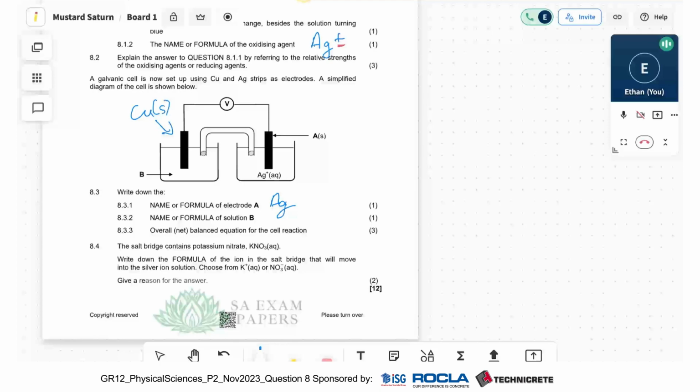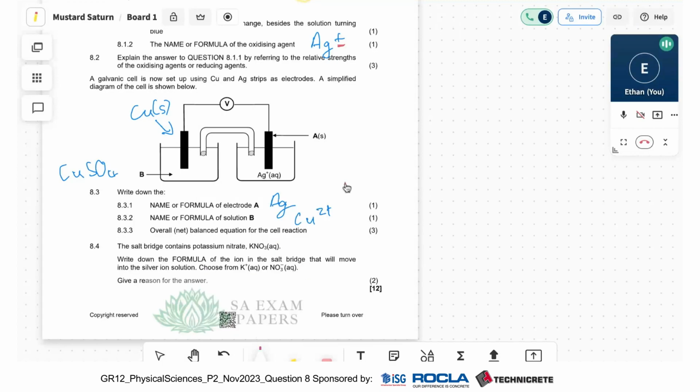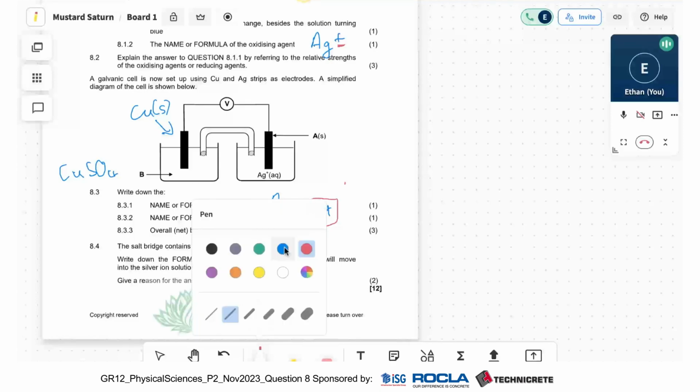You could simply put it down as copper 2 plus, or you can write an actual electrolyte, so maybe copper sulfate is an answer, but copper 2 plus is sufficient.